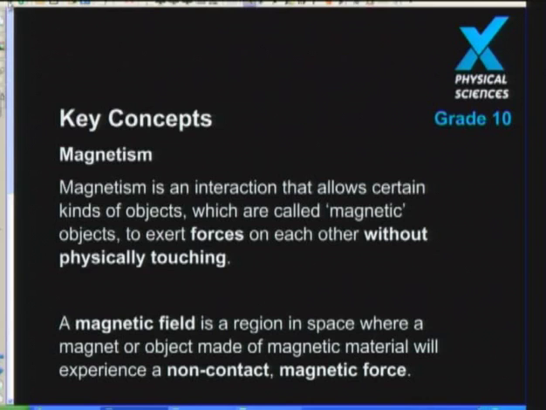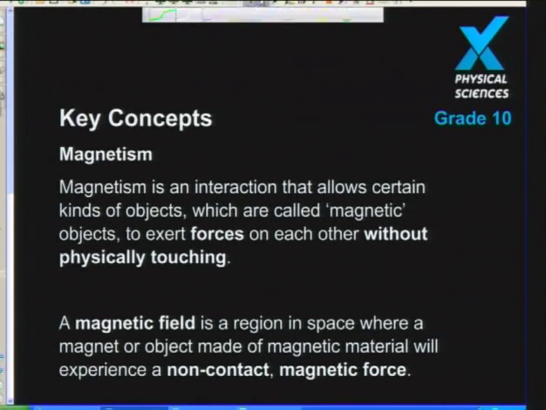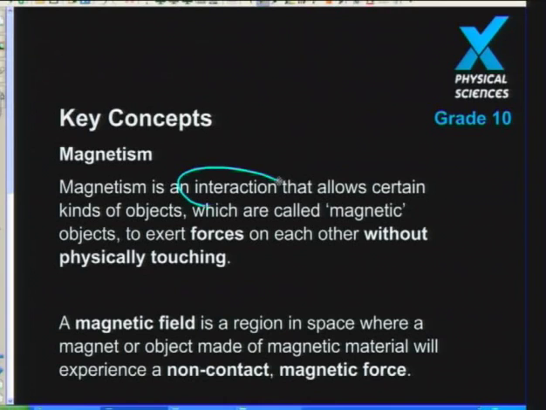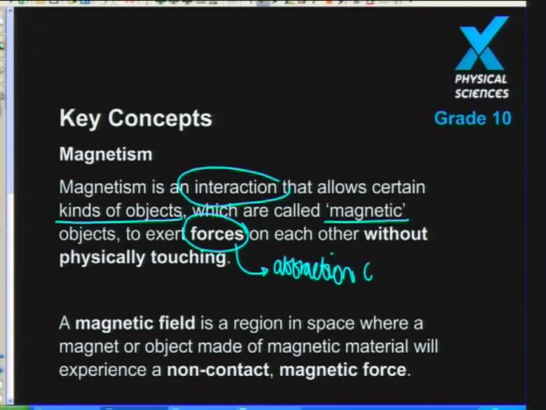So magnetism is an interaction that allows certain kinds of objects, which are called magnetic objects, to exert forces. And those forces can be forces of attraction or repulsion on each other without physically touching.